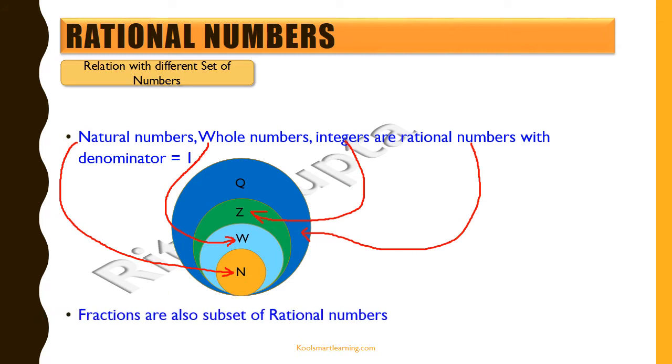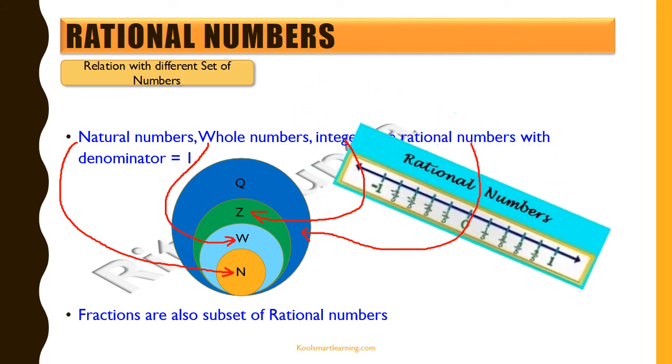Now let's understand how fractions are related to rational numbers. Fractions are also a subset of rational numbers because fractions are nothing but a part of a whole. So they're only positive, which means they are the quotient of two whole numbers, instead of rational numbers, which are the quotient of two integers.